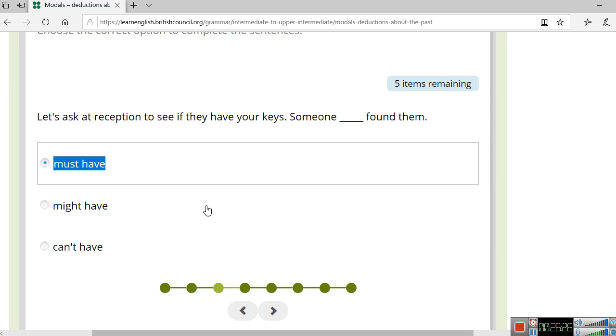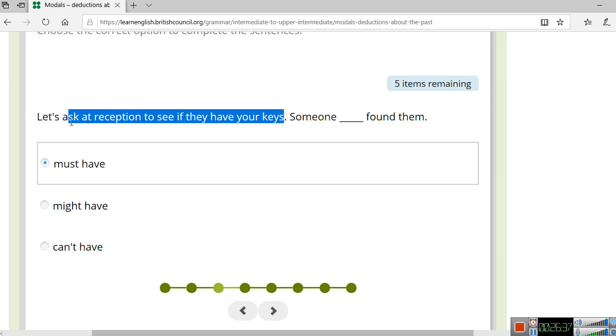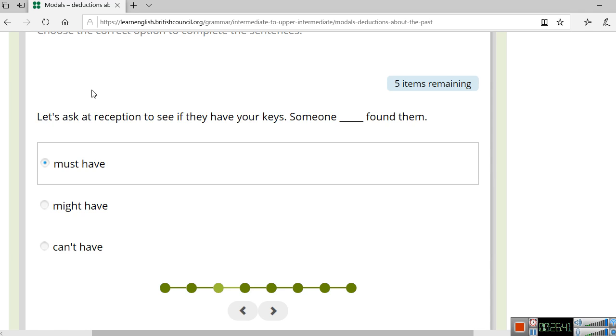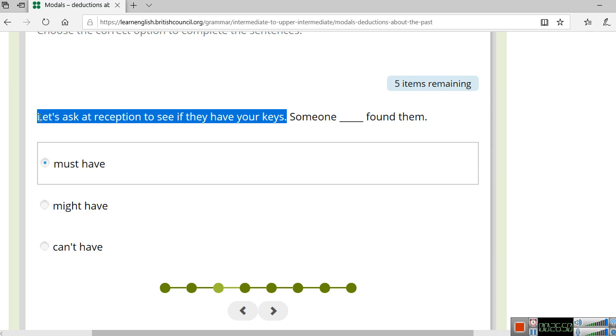Okay, so thank you for that. Let me explain to you guys about this one because this one is kind of hard. So we have two actions here. Someone found them, we're talking about the keys, and also let's ask at the reception to see if they have the keys. Now we have to see if this first sentence is talking about something that is a 100% possibility or they're not as sure about something.